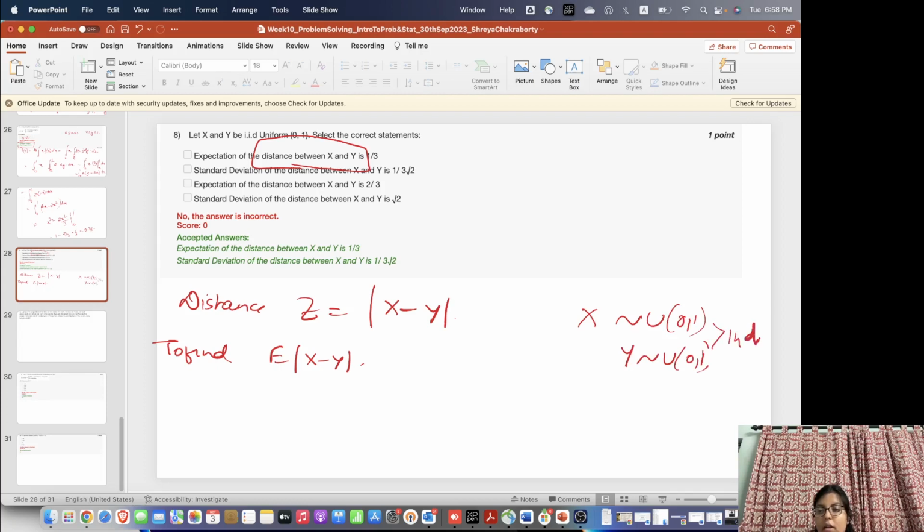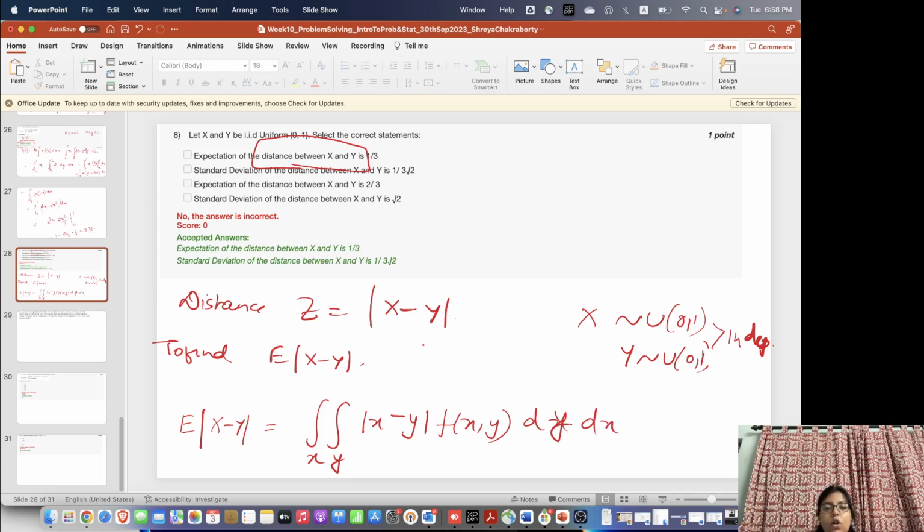This has been given. Alright, now we can write the expectation of x minus y as the integral over the range of x and range of y of x minus y times f of xy dy dx.